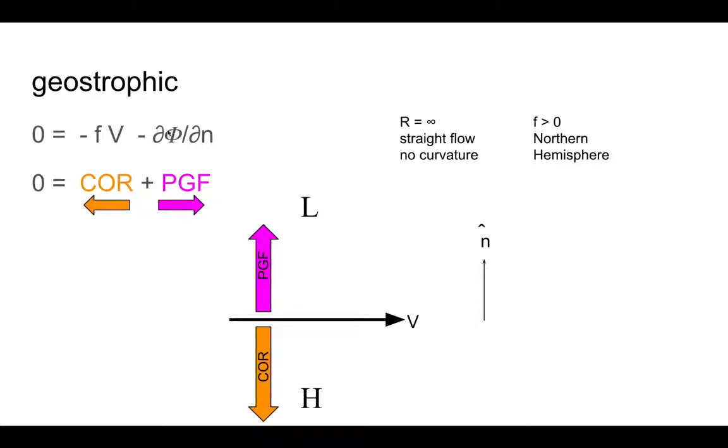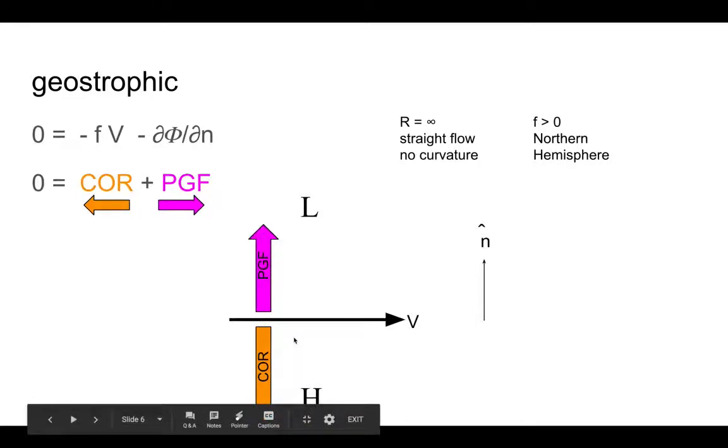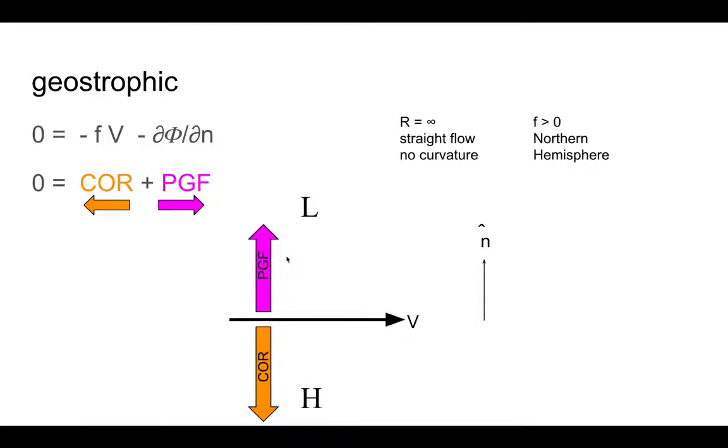And what we end up with is a balance between the Coriolis and the pressure gradient forces. So if f is greater than 0, which it is in the northern hemisphere, we should see the Coriolis force acting to the right and the pressure gradient force acting to the left. And those should be perfectly balanced.